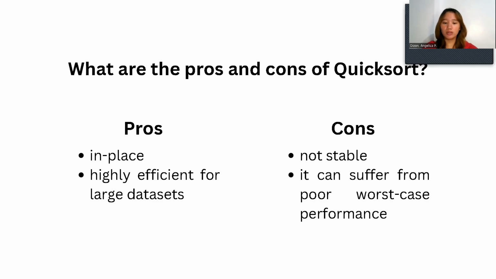Additionally, it can suffer from poor worst-case performance, which occurs with bad pivot choices. In summary, Quicksort is a powerful sorting algorithm ideal for large datasets due to its efficiency and low memory usage. However, it's not always the best choice for applications requiring stability or those prone to worst-case scenarios.